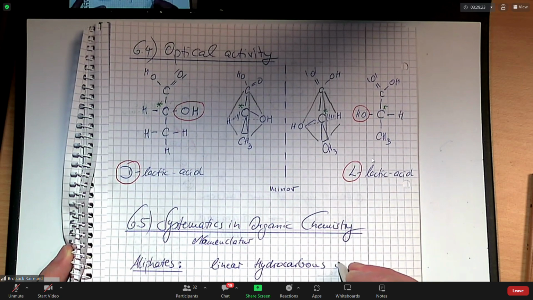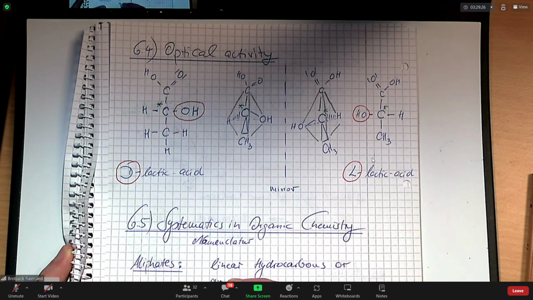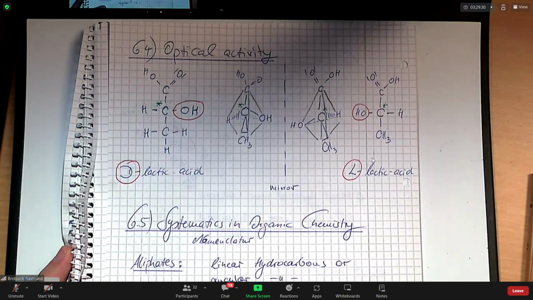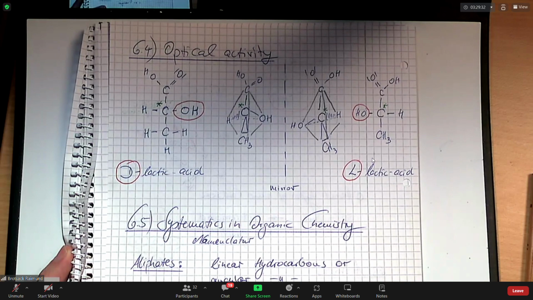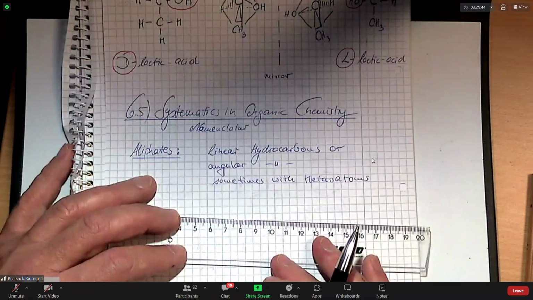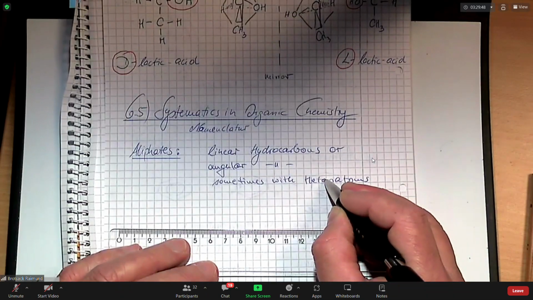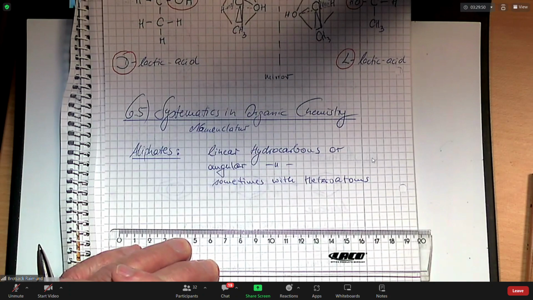Or angular hydrocarbons, sometimes with heteroatoms. Do you know what heteroatoms mean?